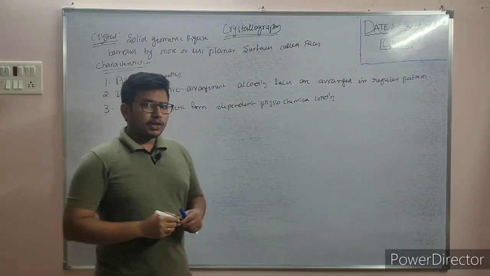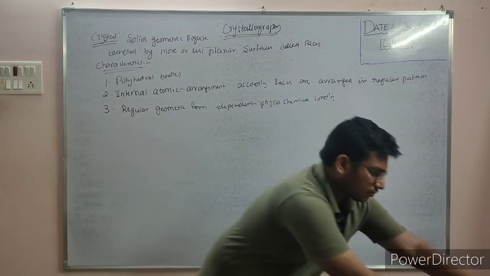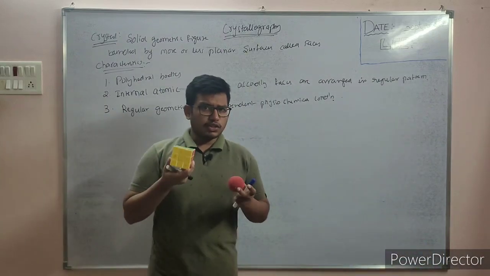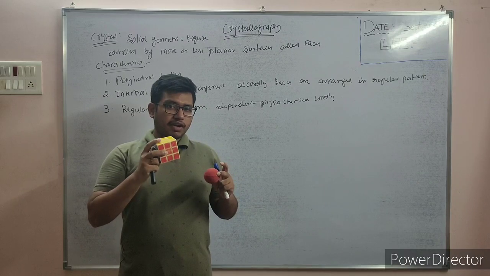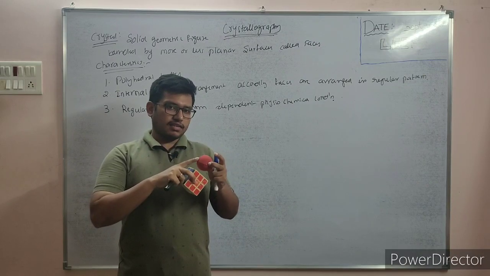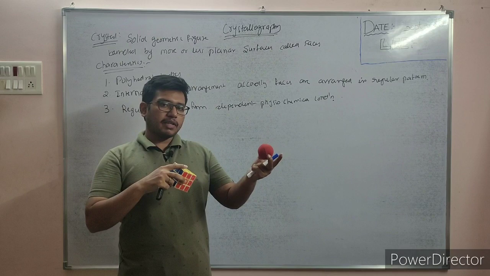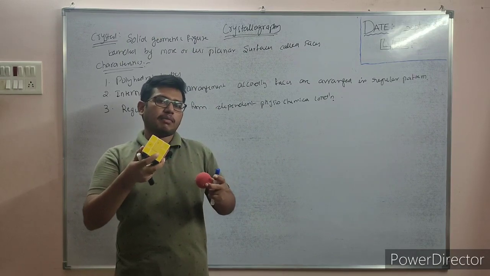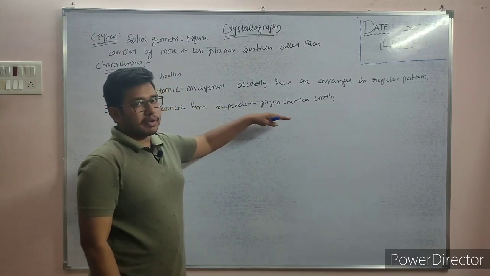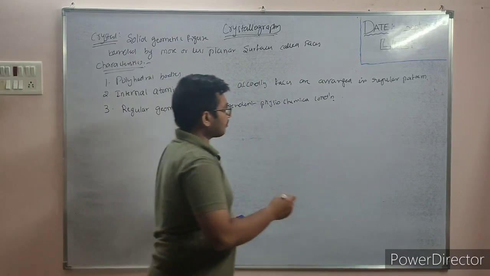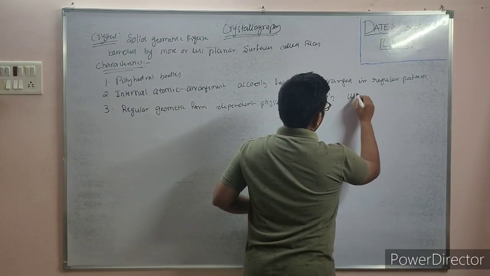If you take two crystals, for suppose one is a cube and one is a sphere, this crystal can be formed under different physiochemical conditions than that one. One can be formed at some temperature and the cube at some other temperature. So the regular geometry depends on the physiochemical conditions, and usually crystals are formed under slow cooling.